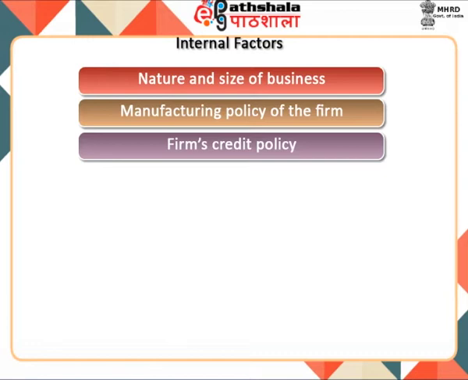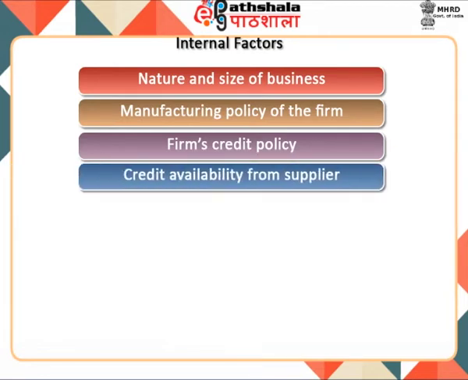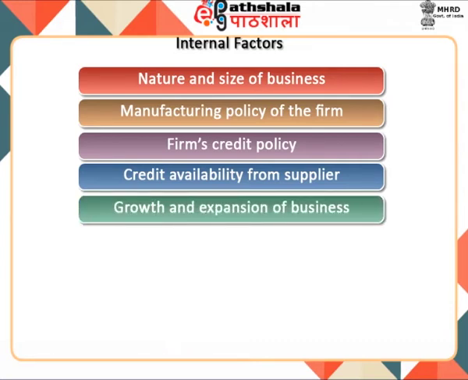And if less time is given, the requirement will also be less. Similarly, if credit available from suppliers is for a large time, then requirement of working capital will be less, and vice versa. Next factor is the growth and expansion aspects of business.